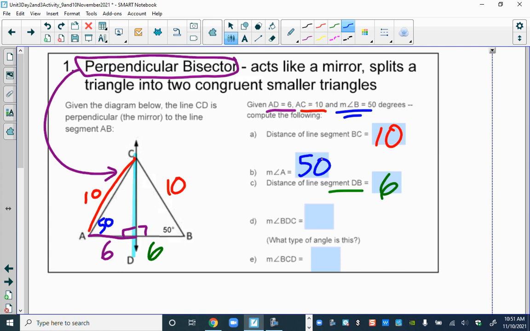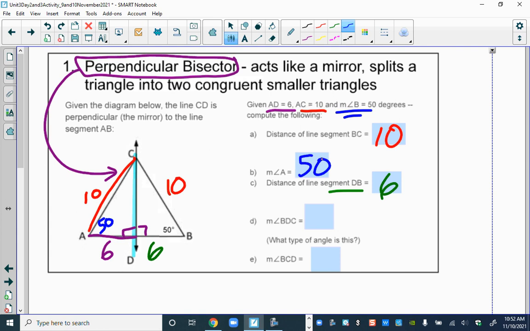Now, this goes back to when we did some identifying, I think maybe last week when we met. Given the diagram, identify angle XYZ or angle ACE or whatever. This is a case like that. Measure of angle BDC.